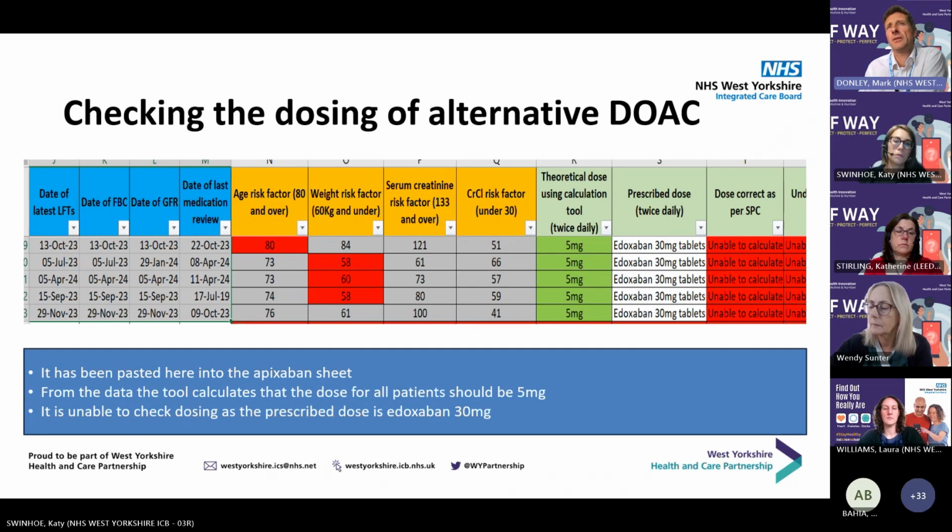So this column here is showing the edoxaban that they're on. They're on edoxaban and not apixaban. It can't then work out whether the dose is correct as per SPC, because it's all based on them being on that drug. But it's a way to check what potential dose they could be on.